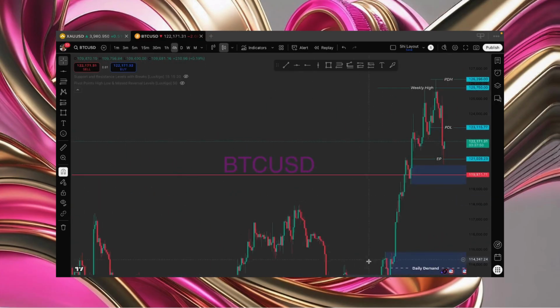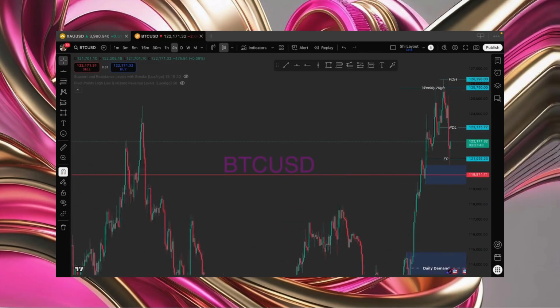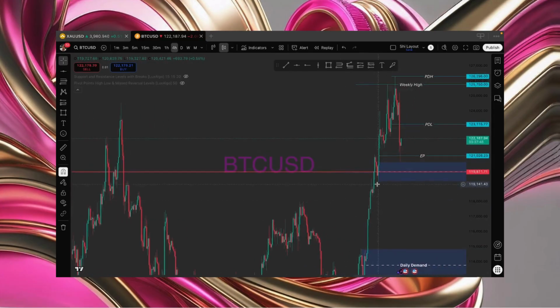Sorry, y'all, because I want to show y'all what I mean. So if this is my stop loss on a 15-minute time frame, this is my entry point. My take profit would have been the supply zone or that previous high or that all-time high.